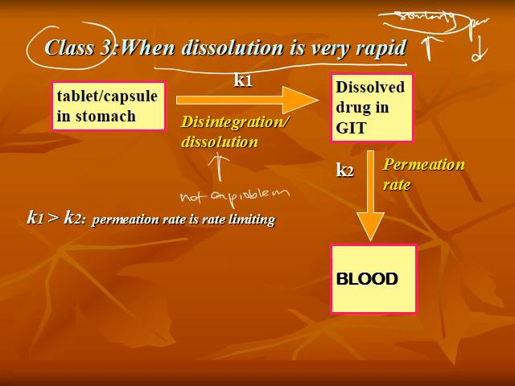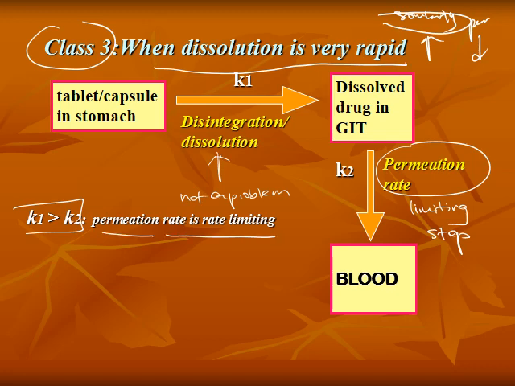In this case, permeation rate is the limiting step. That's why when K1 is more than K2, permeation rate is the limiting step. That's why a company formulating class 3 generic drugs can apply for bio-waiver.